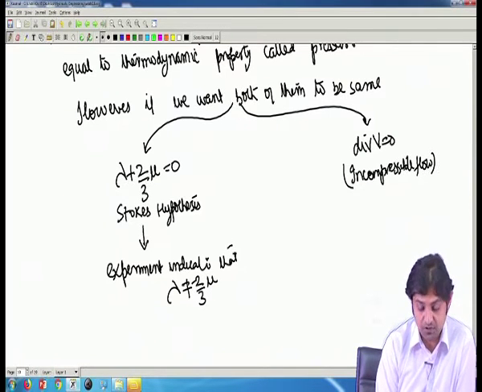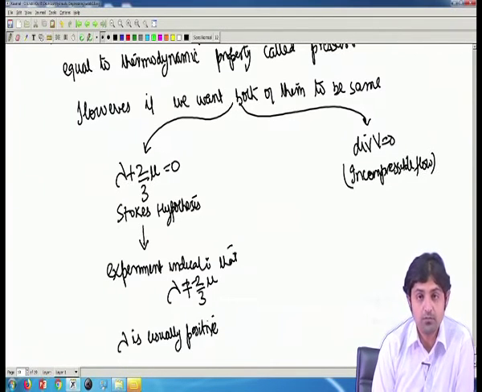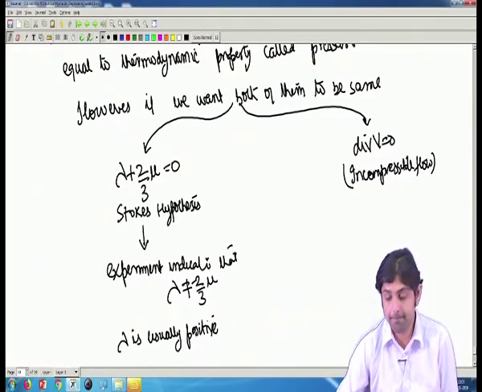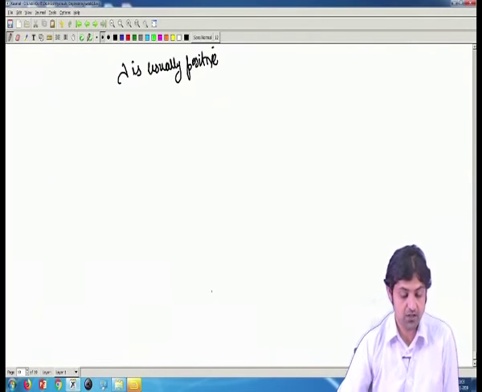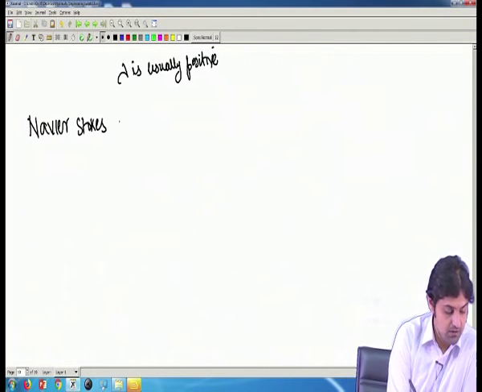The Stokes hypothesis is not satisfied since lambda is usually positive, and bulk viscosity is not negative. So this Stokes hypothesis is rarely satisfied. All right, so now going back to the objective of this module, the Navier-Stokes equation.